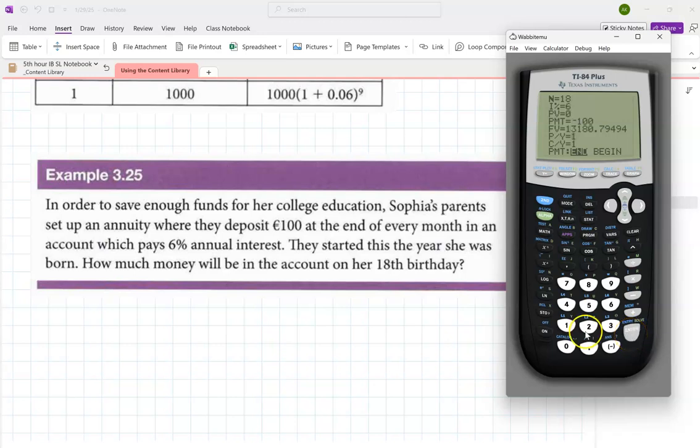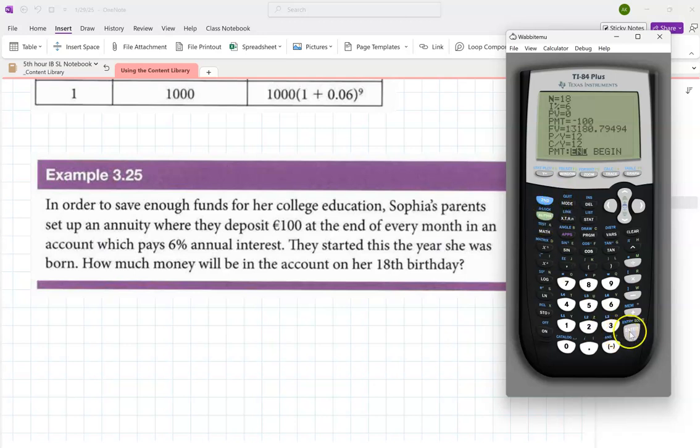And the thing we have to do here is, because it says it's every month we're doing this, the payments per year should be 12 because we're putting it in every month, and the compounds per year should also be 12. Really, those two numbers should be the same number.